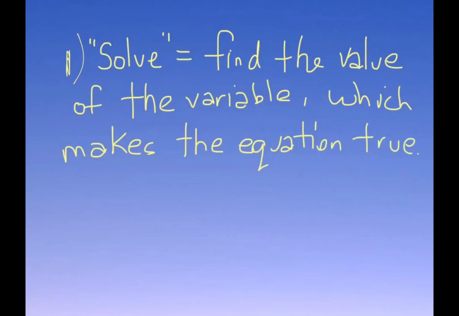For example, if we had the equation x plus 2 equals 4, to solve this equation, we need to find out what the numerical value of our variable is in order to make something plus 2 equal 4. So obviously that would just be 2, because we know 2 plus 2 equals 4. So that's what it means to solve an equation.